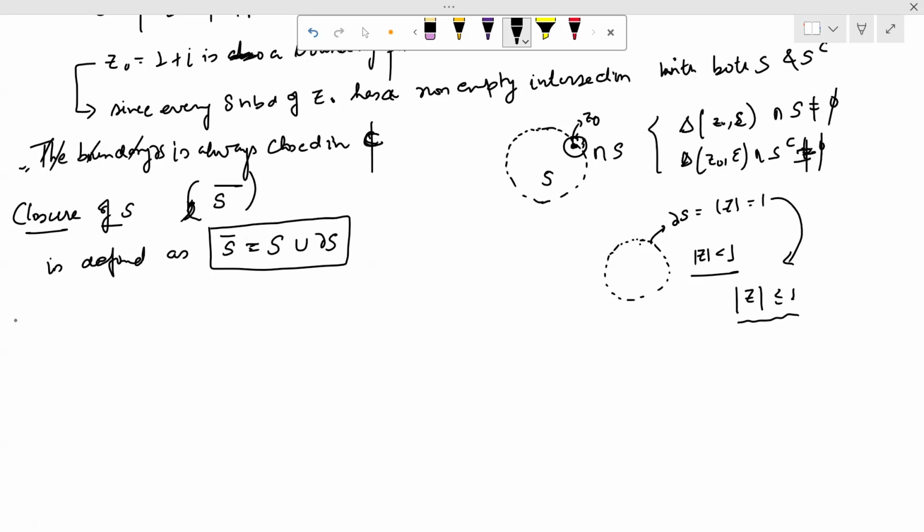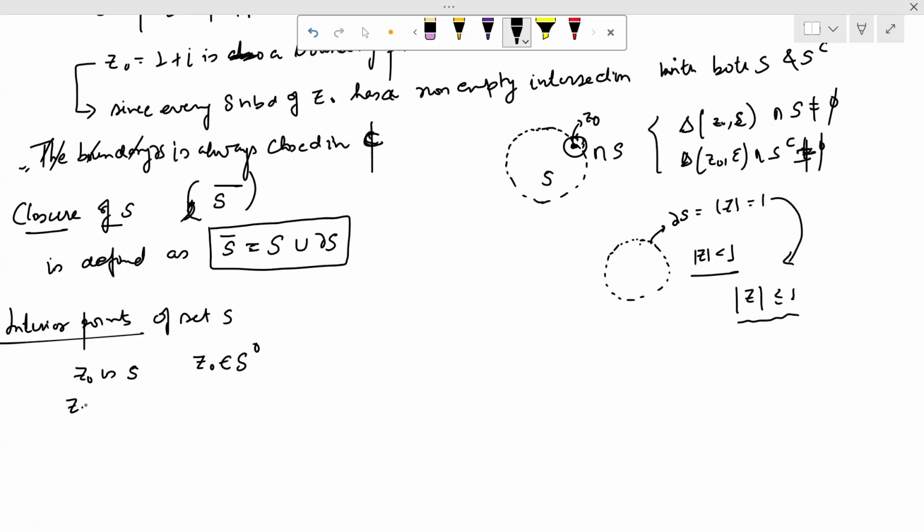Okay. An interior point you already know. Interior point is what? A point is said to be an interior point if there exists a neighborhood containing that point contained in that set. So let's say Z naught is an interior point of set S. How do we define it?